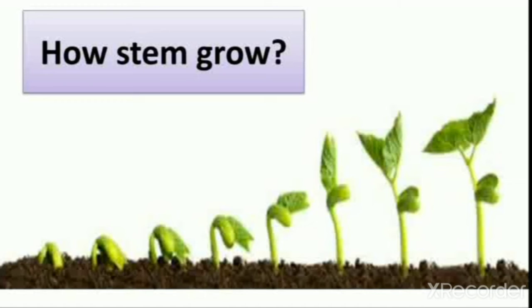When roots are growing, they give nutrients and water to the plant and the plant starts growing. So when the stem comes out from the soil, then the plant starts growing. Before that, the plant grows underground. So here in this picture you can see the growth of stem.